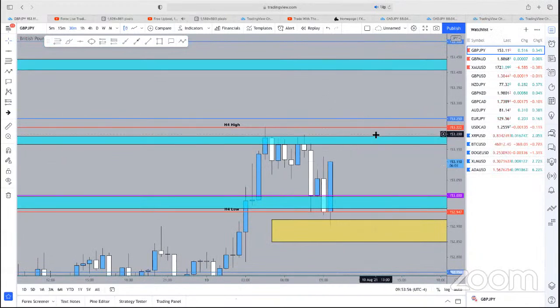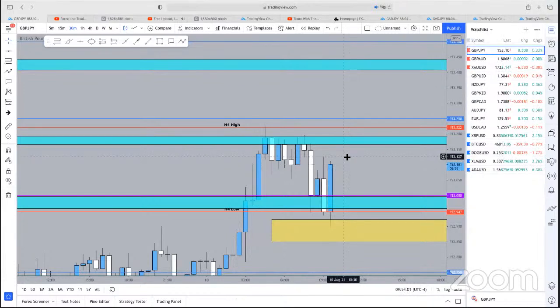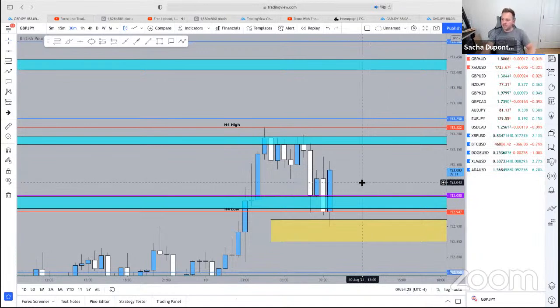We can use the dogtail setup on the next one. So we got 5-ish minutes left.